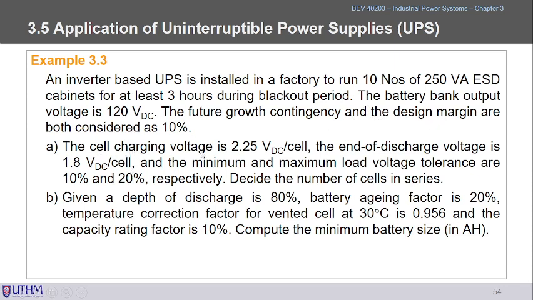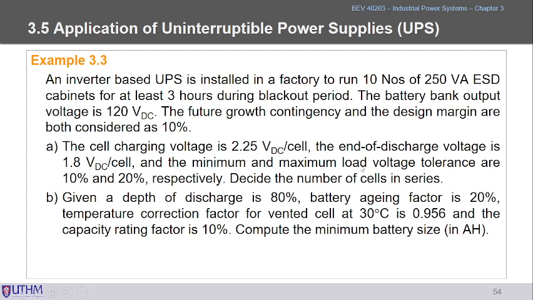And the cell charging voltage is 2.25 volts DC per cell, so one cell will contribute 2.25 volts. And the end of discharge, EOD, voltage is 1.8. That means once the cell drops to 1.8 volts, then we need to charge it again, because the charging voltage is 2.25.